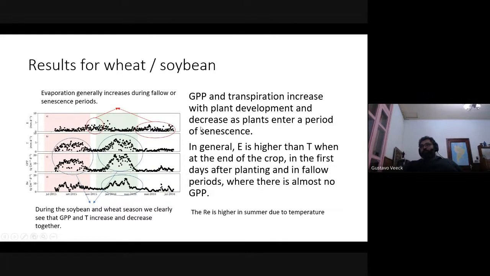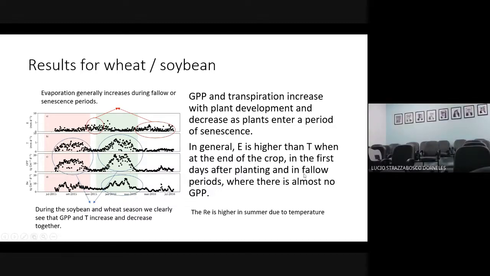The GPP and transpiration increase with plant development and decrease as plants enter a period of senescence. In general, the evaporation is higher than transpiration at the end of the crop and in the first days after planting.